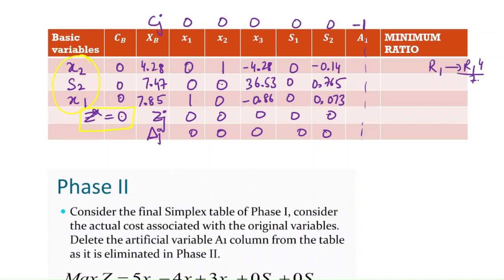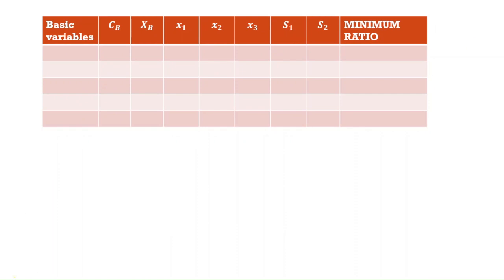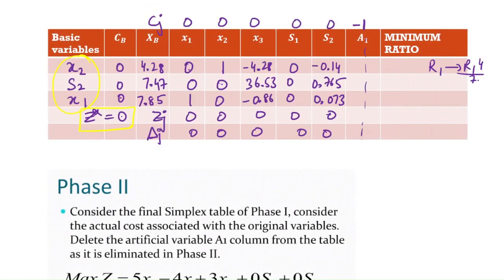This would be the normal simplex method that we'll be following. So let us fill the values here. Cj would be 5, minus 4, 3, 0, 0. This is the cost that is given to us.